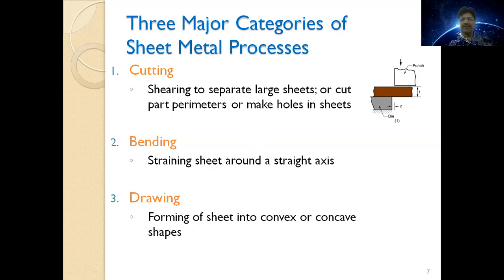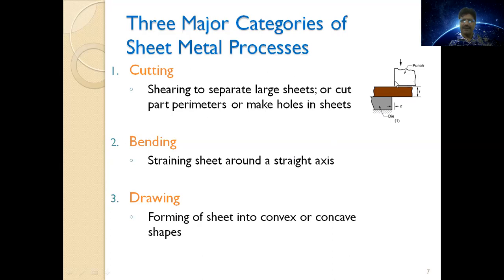First of all, the sheet is cut, and this is cut through a punch. The punch hits the sheet, and on the lower part there is a die or support, and the sheet cuts from this place. So this is the process of cutting.